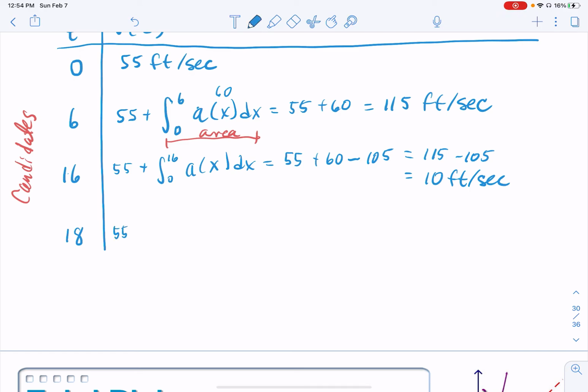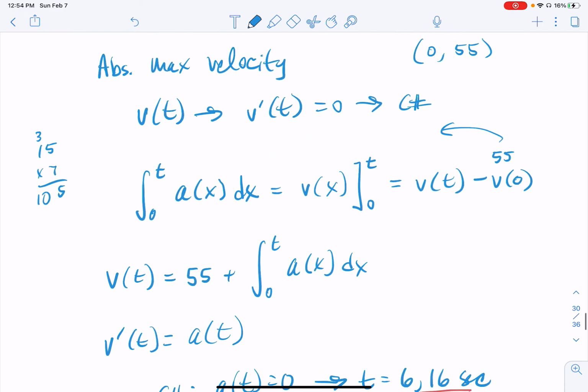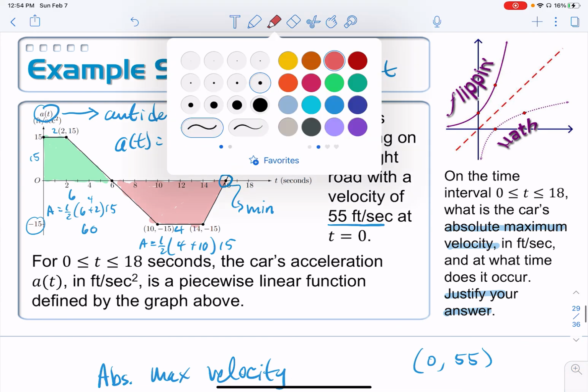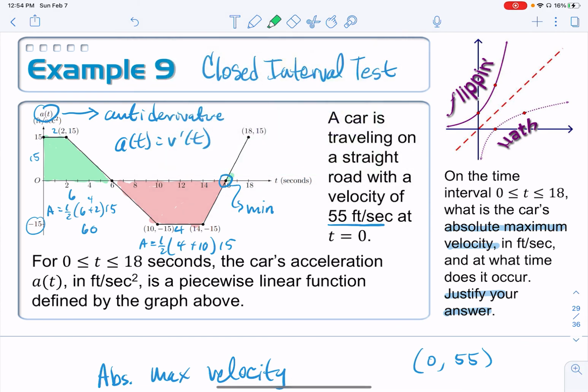So I have 55 plus the definite integral from 0 to 16 of a of x dx is equal to all of the stuff that we had before, which is 10. I'm going to redo it, but then plus this little extra change that we have for this triangle, going back to green. It's above the x-axis, so this part that's right there, from 16 to 18.